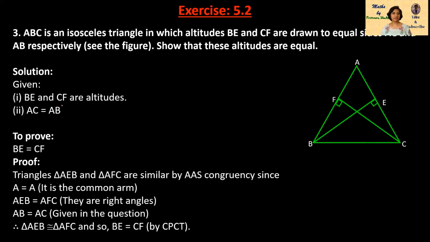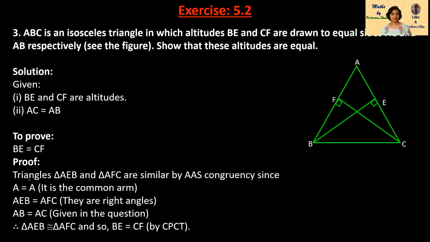Given BE and CF are altitudes and AC equals AB. And what to prove? BE equals CF, these two altitudes are equal, that we have to prove.